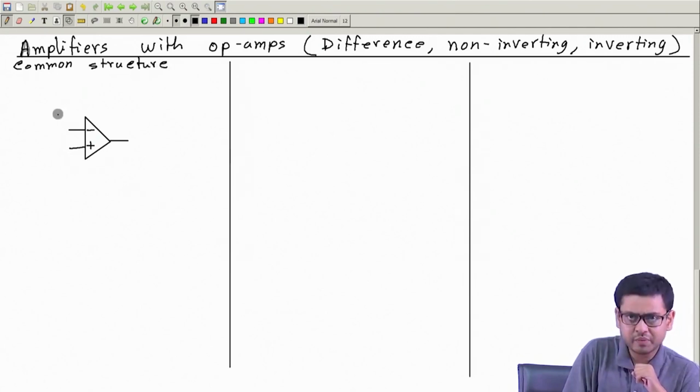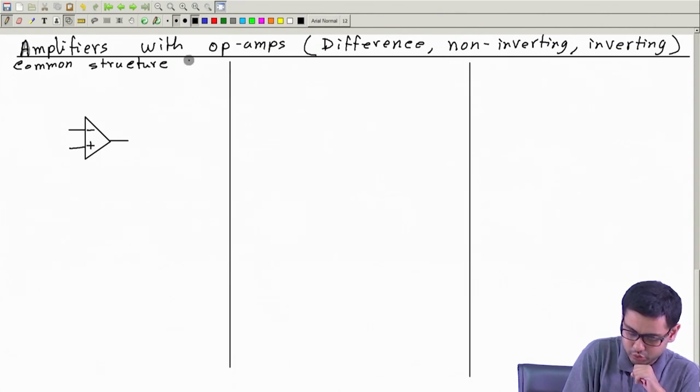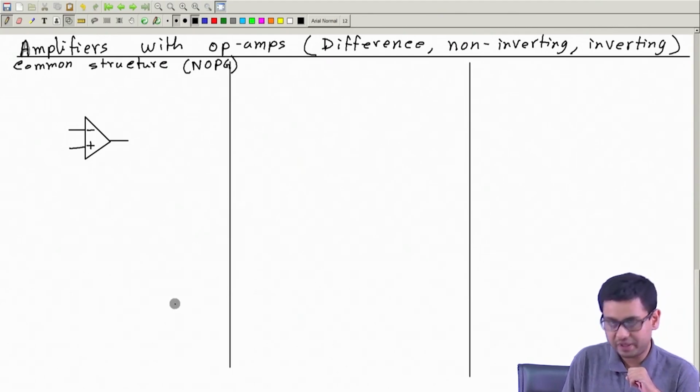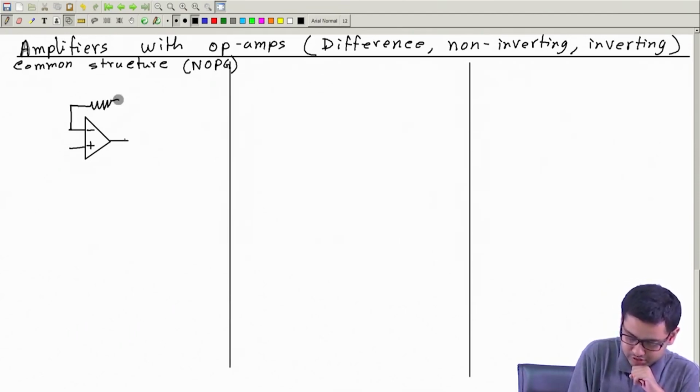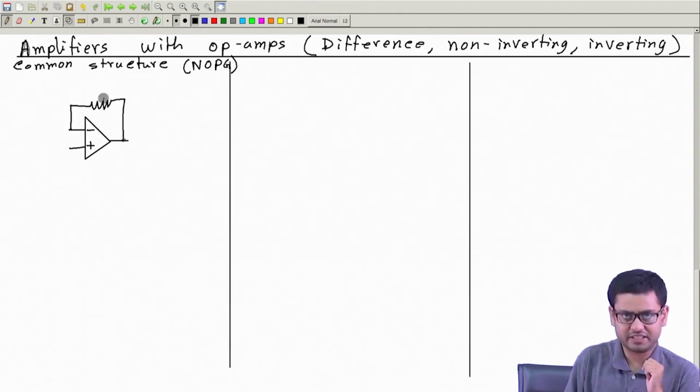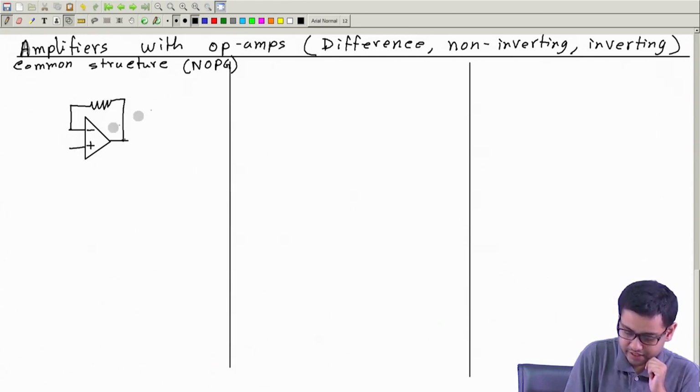You can remember it with this rule. This is my thumb rule, NOPG. Negative should be connected to output, N for negative, O for output, P for positive, and G for ground. So you connect the negative input, which is here, to the output through some resistance. Then you connect the positive one to the ground.